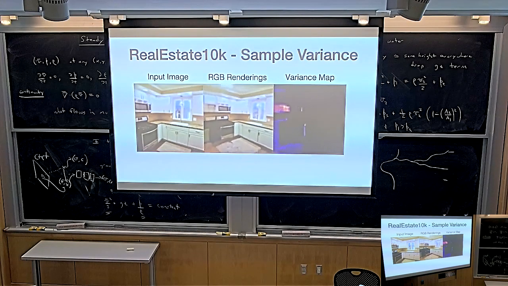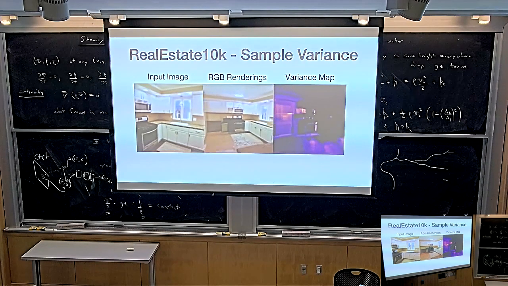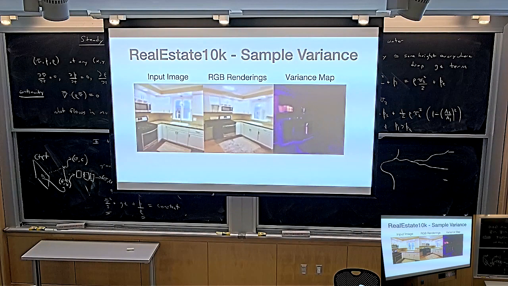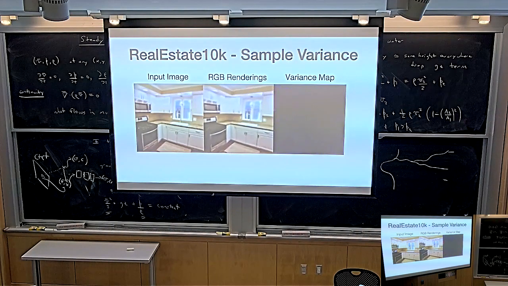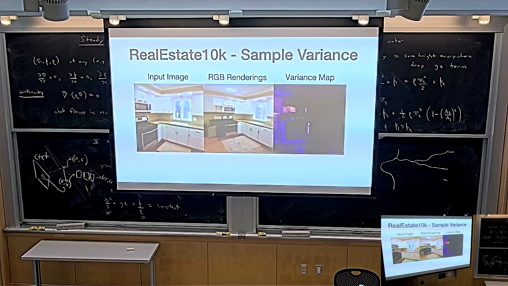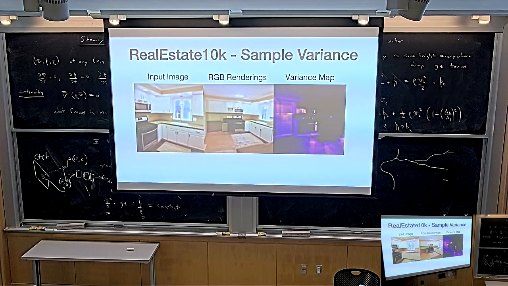When you sample for the same camera pose as the input view, then the pixel variance is exactly 0. But you can see here that there's some parts of this image where the variance is high, even though apparently this point was observed in the input view. Does anyone have a guess what is going on there? Why is there uncertainty in that part of the 3D scene?